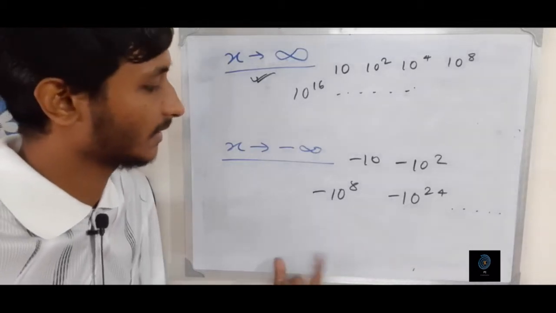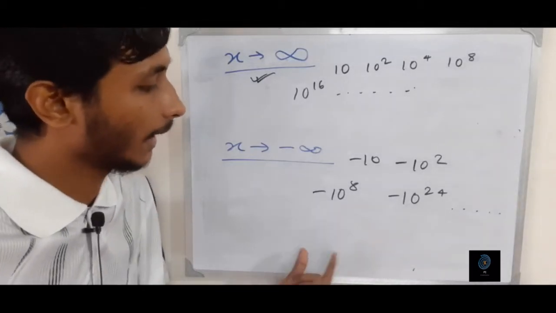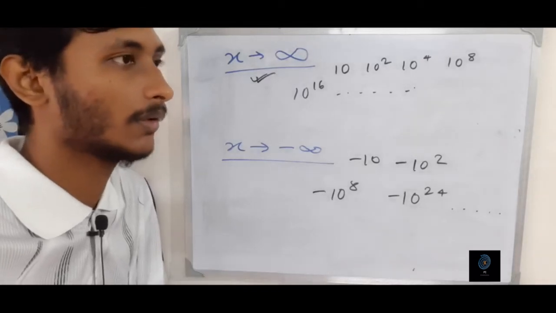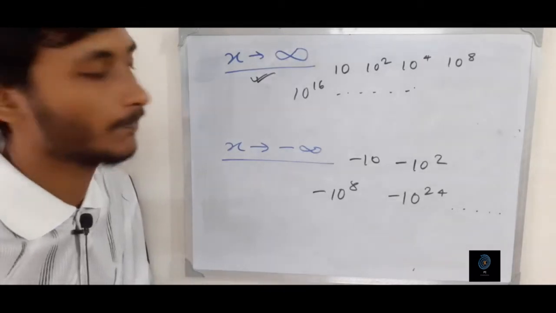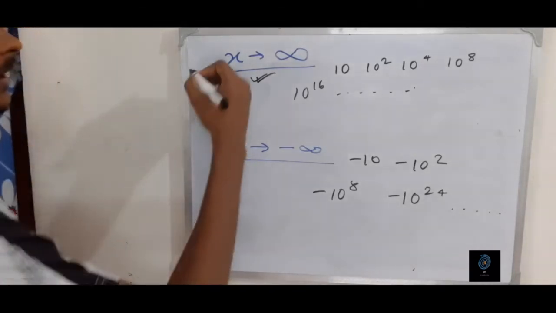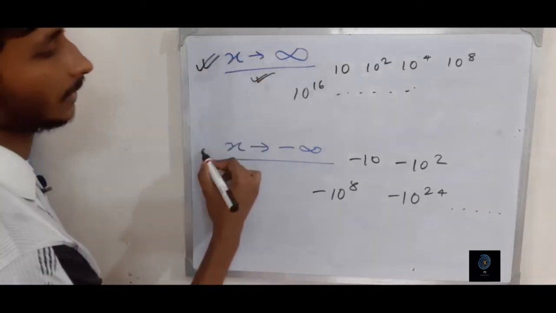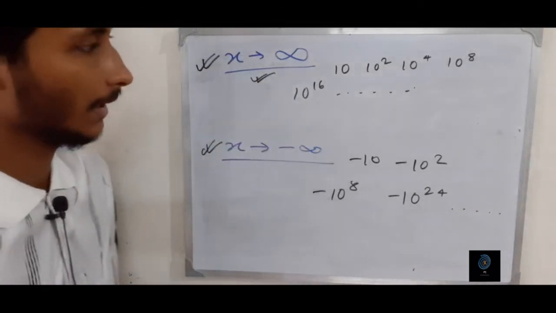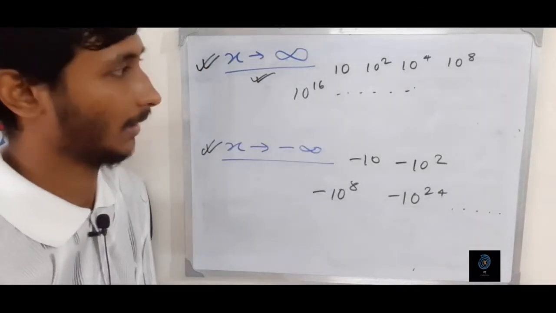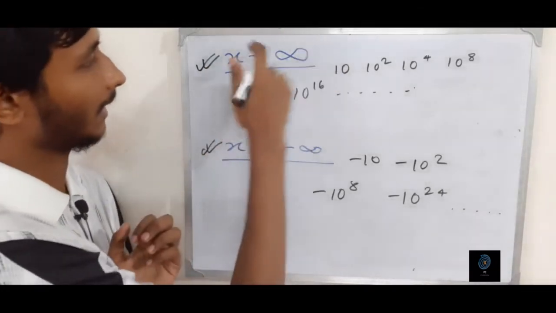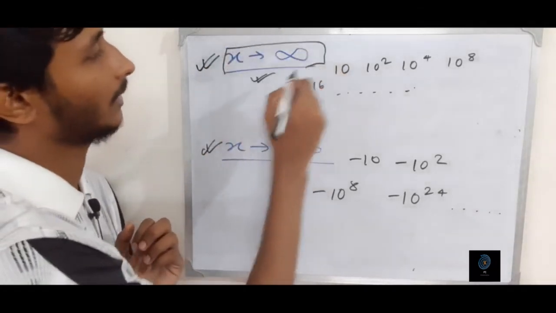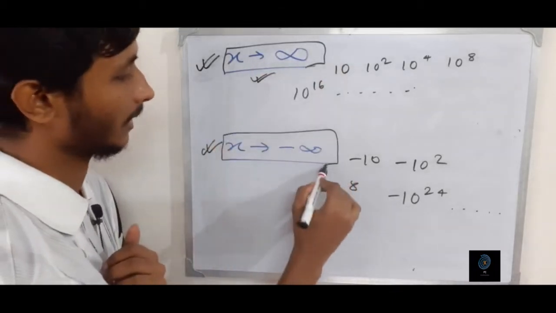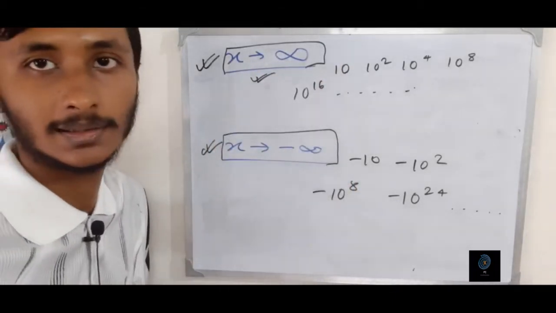That is, when x decreases indefinitely, beyond our imagination, it is denoted by x tends to minus infinity. You note that these are just notations. Infinity and minus infinity do not denote any number. When we write x tends to infinity, we mean that x is increasing indefinitely, and when we write x tends to minus infinity, we mean that x is decreasing indefinitely.